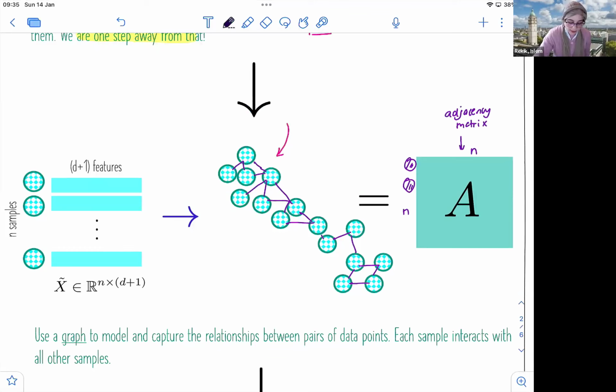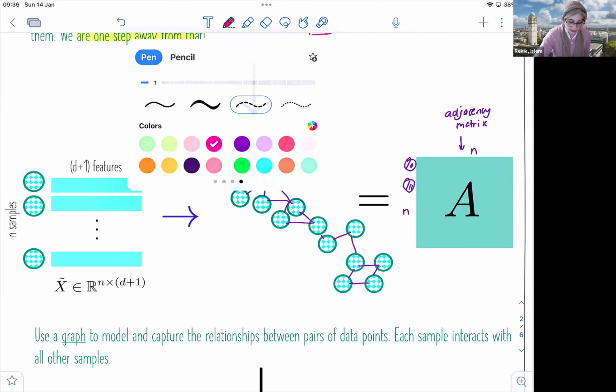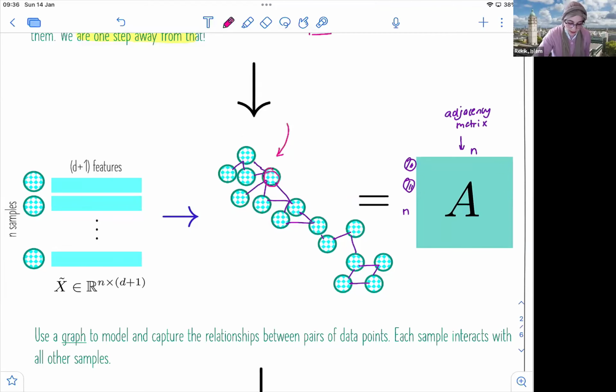And when we are learning how to embed a single point right here, so let's take a single point. If we learn how to embed this point xi into a new dimensional space, I'm going to take into account its interaction with its neighbors.